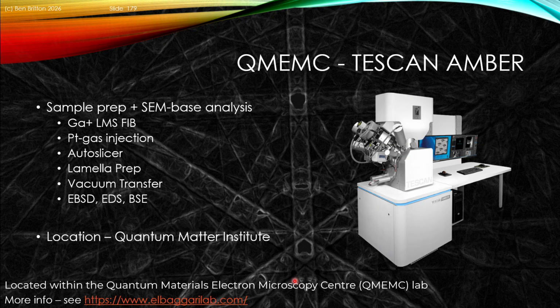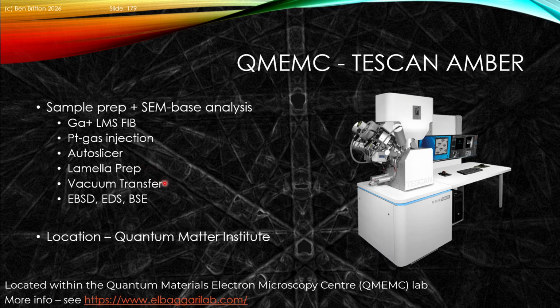Within the Quantum Matter Electron Microscopy Centre, this is led by my colleague, Dr. Ismail El-Bahagi, and so you can find his stuff on his website that has more details. This is a Tescan AMBER 1 instrument. It's a gallium FIB. Has a platinum gas injector, enables effectively slice and view through autoslicer, and it's really set up to enable lamella prep to support, in particular, to build out for the Nion instrument.